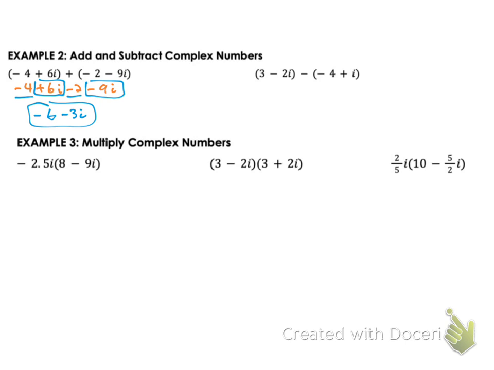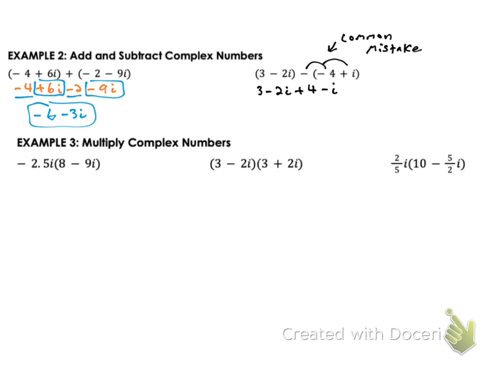Second example here, a common mistake people make. They do 3 minus 2i, then they subtract a negative 4 and they don't subtract the i. So just to make it nice and easy, distribute that negative to give you plus 4 and minus i, and that will help prevent you from making that common mistake.